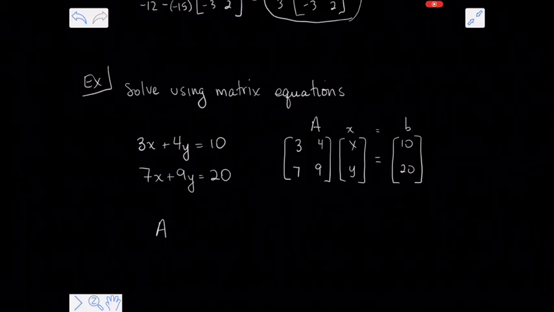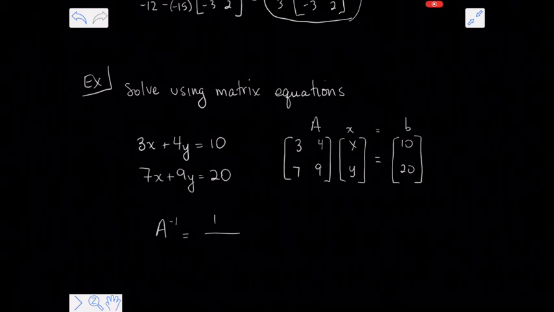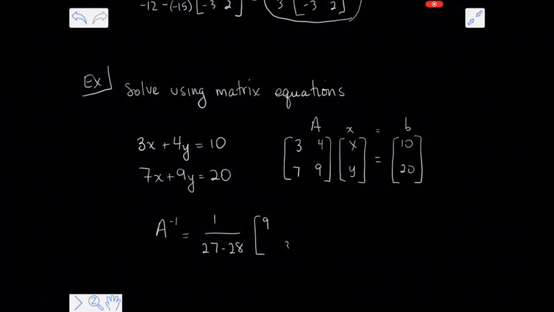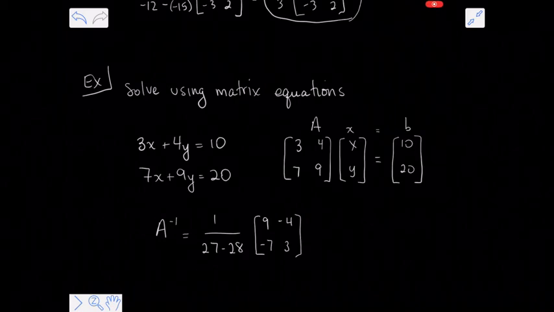So we need to find the inverse of A. So we have 1 over 27 minus 28. Then inside we have the 9 and 3 switch places. That becomes -4, -7.